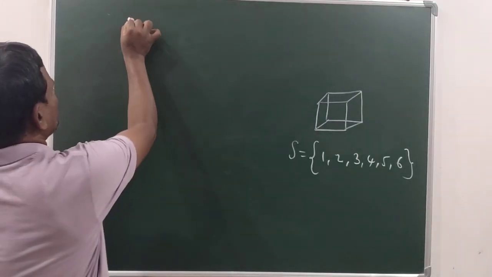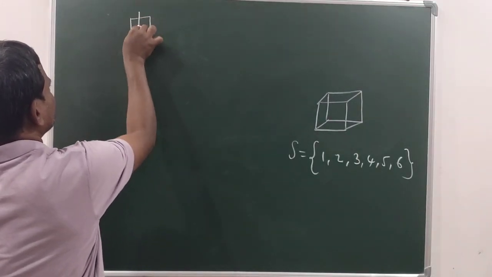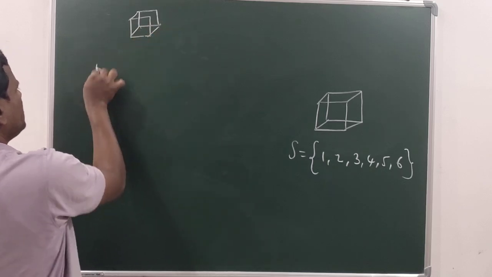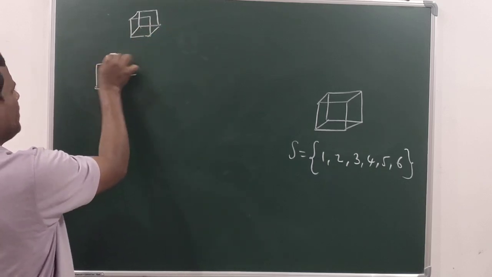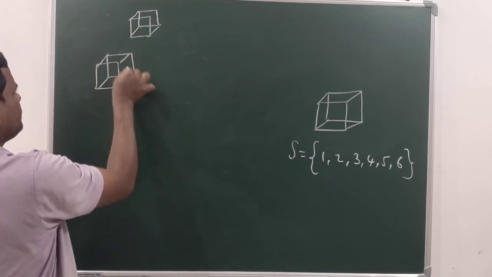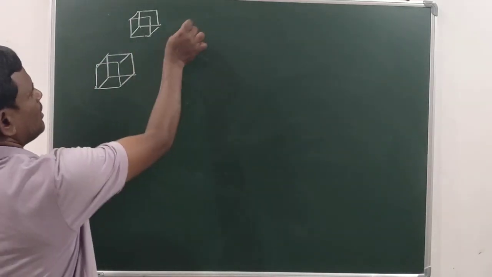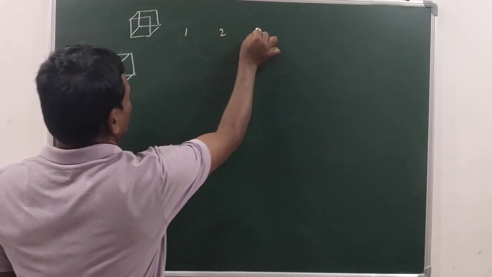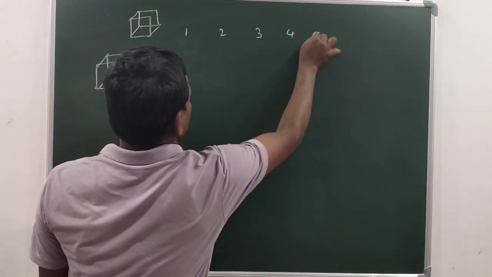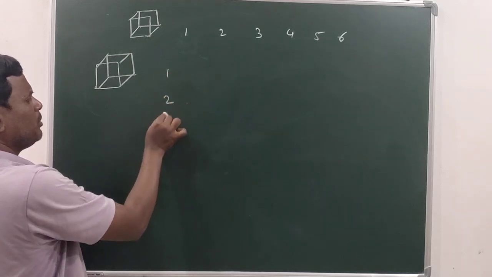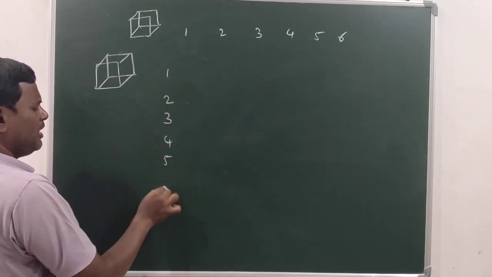If you throw 2 dice, see, write 1 dice there and one dice here. On this you may get 1, 2, 3, 4, 5, 6. On the second one, 1, 2, 3, 4, 5, 6.